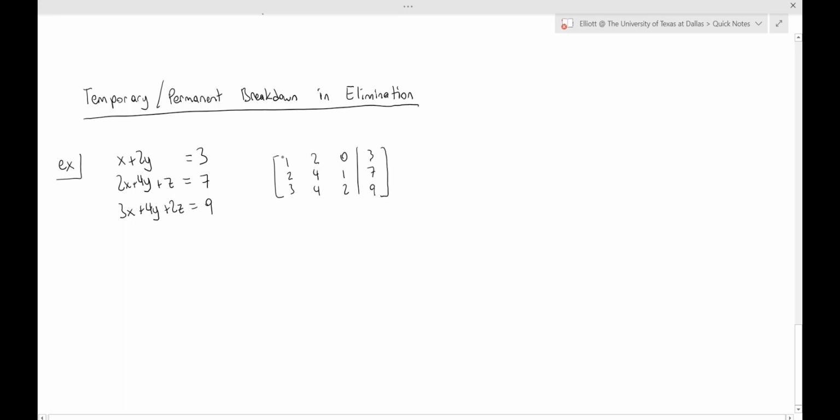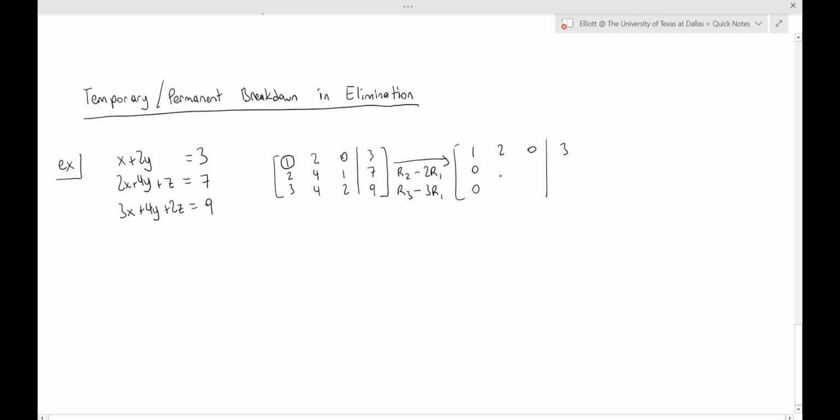Okay. I'm going to take this first entry on the diagonal as my first pivot. I'm going to eliminate everything beneath it. So let's do row 2 minus 2 row 1, and then row 3 minus 3 row 1. That will get rid of the 2 and the 3.